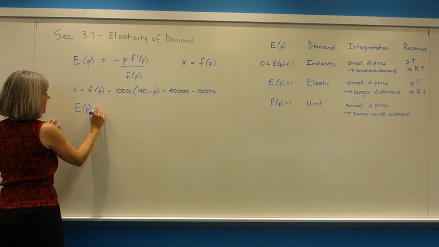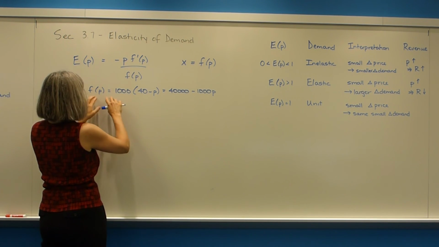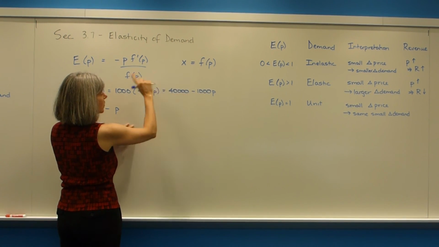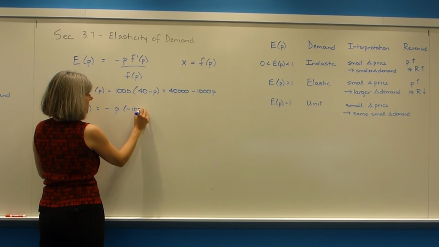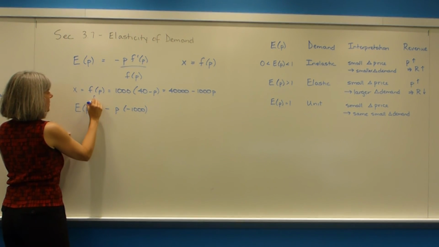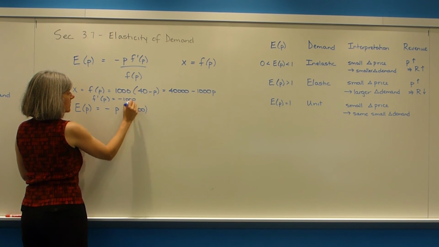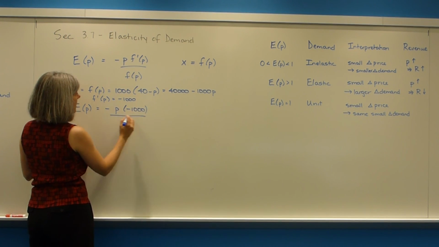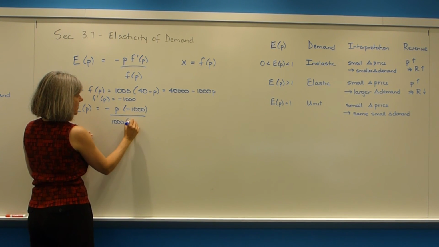So, negative p, let me write that down. F prime of p, the derivative of this with respect to p, is just going to be negative 1,000. So if you want to add an extra step, completely fine. And then we're going to take that and divide by the original f of p, so 1,000 times 40 minus p.